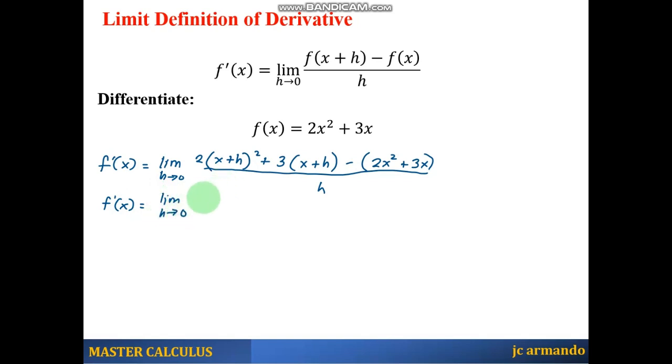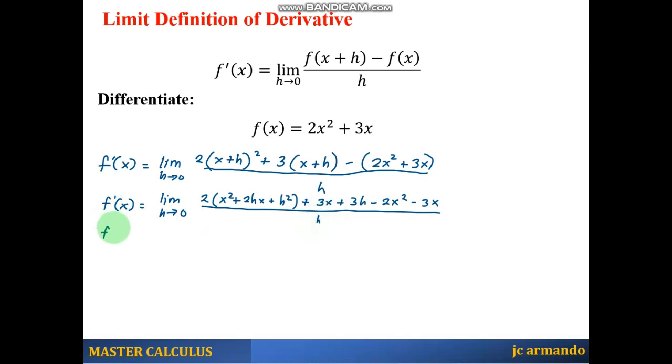Okay, so simplify. We have f prime of x equals the limit as h approaches 0. So 2 times x plus h squared is x squared plus 2hx plus h squared, plus distribute 3 times x, 3x, 3 times h, 3h. Then negative times 2x squared is negative 2x squared. Negative times 3x is negative 3x, divided by h.